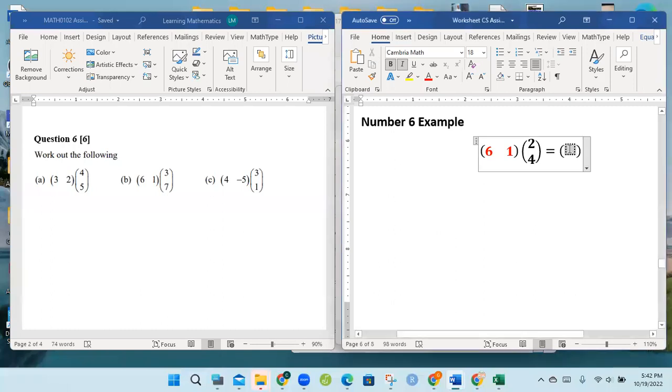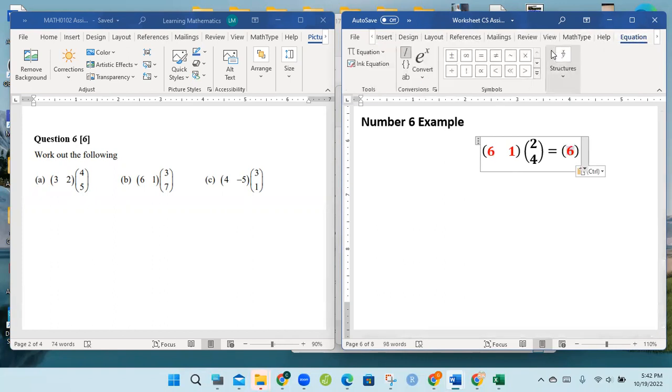So in this example, it will be 6. I can copy it just to color code it. It will be 6 times 2, as you correctly said.